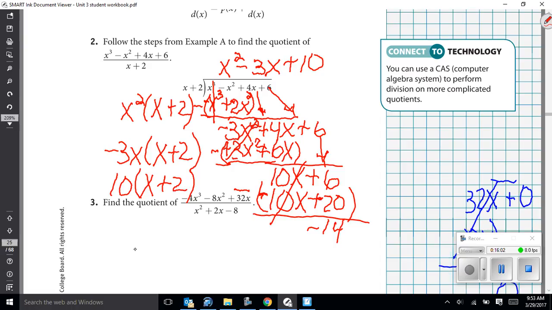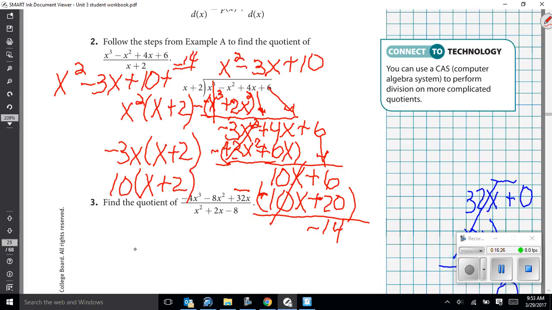Alright, so when we divide x plus 2 into x cubed minus x squared plus 4x plus 6, we get this, but then we have a remainder of negative 14. So this equals, and then we're just going to take this negative 14 and stick it over top of that.